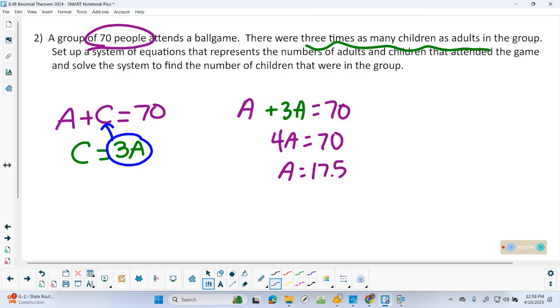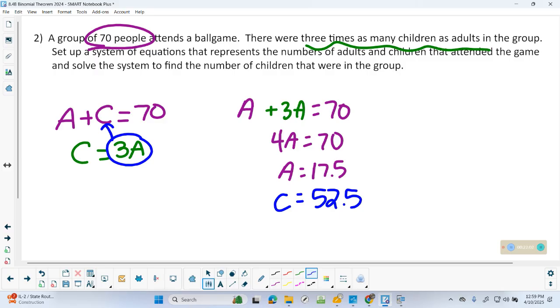Yeah. Now, again, multiple choice, your final, you don't want to pick that answer because it's asking you to solve the number of children. Okay, so I want to know how many kids went. So what's 3 times 17.5? Now, we're talking kids.